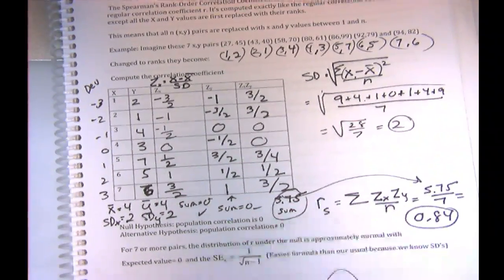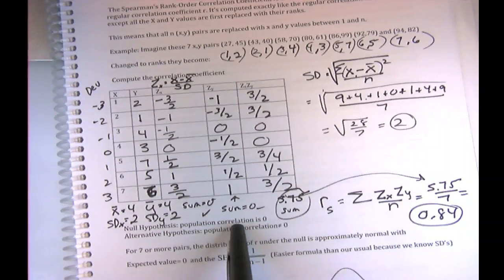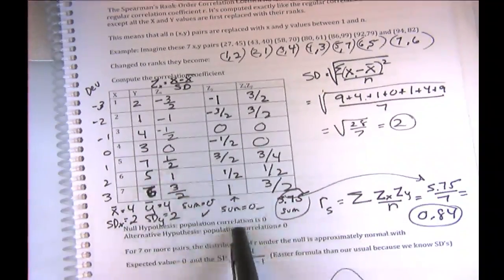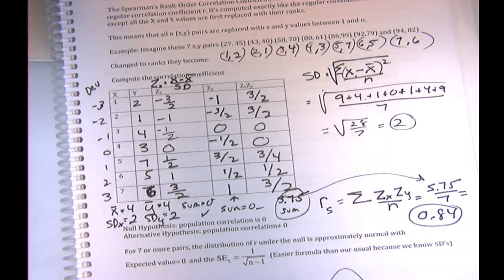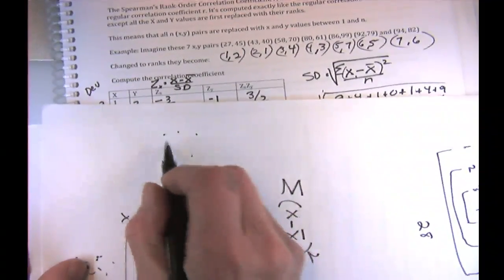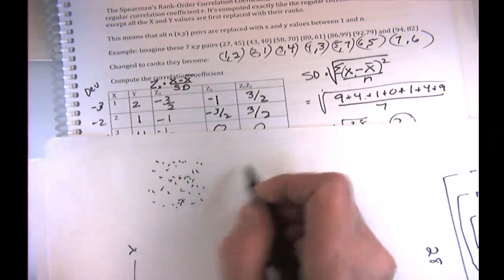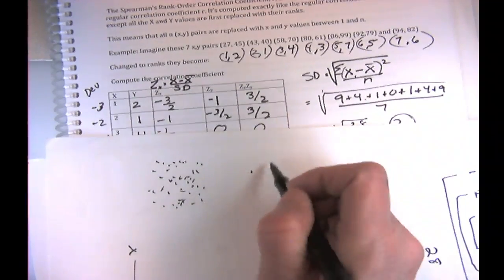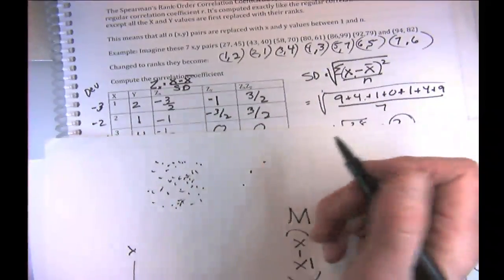So you'd think, well, why are we going to test whether it's different than 0? That's so high. And the null hypothesis says that in the population that these were drawn from, the correlation is 0, right? The correlation is 0 in the population. It's like just random points. That's what the null is saying. But since we only picked out 7 points, well, if you pick out 3 points, of course you could easily get a high correlation.